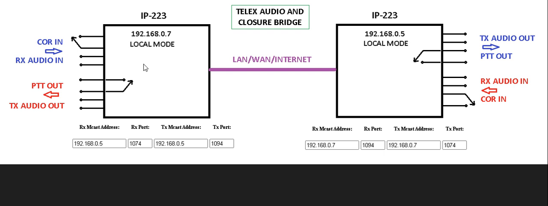Now these 1074 packets going down the line, when they get to the IP-223 here, where it's directed at, because you can see in the receive multicast, we're dot 7 here, and our target is dot 5, which is this distant one.